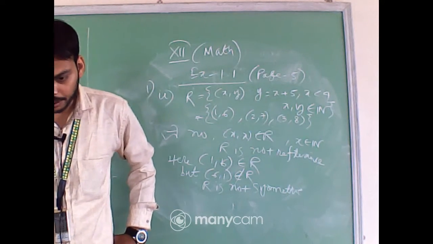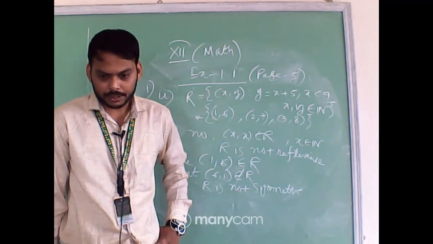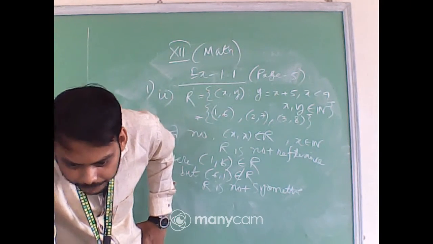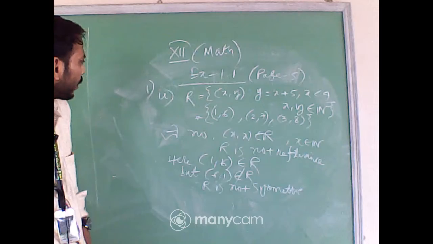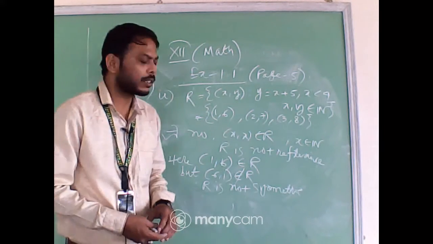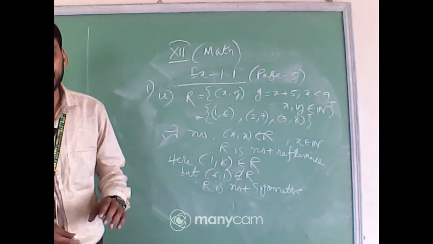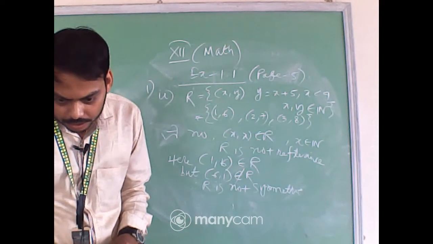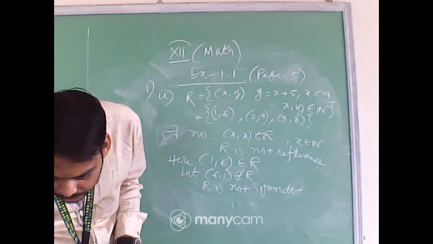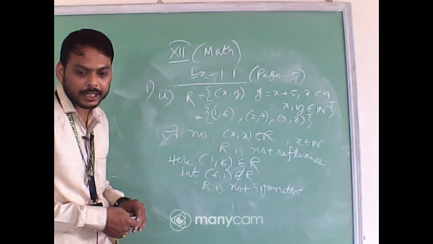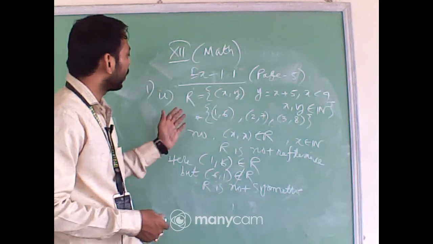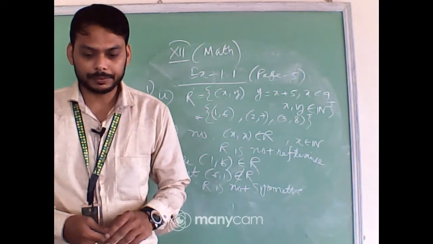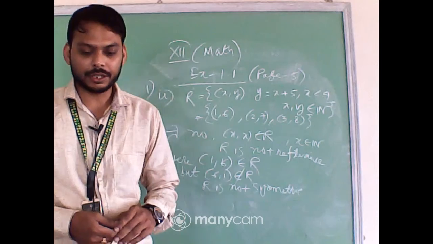If we take 1, 6 and 2, 7, then 1, 7. No. There is no 1, 7 here. That means there are no elements of AB and BC type. There does not exist such elements in R such that AB and BC exist.